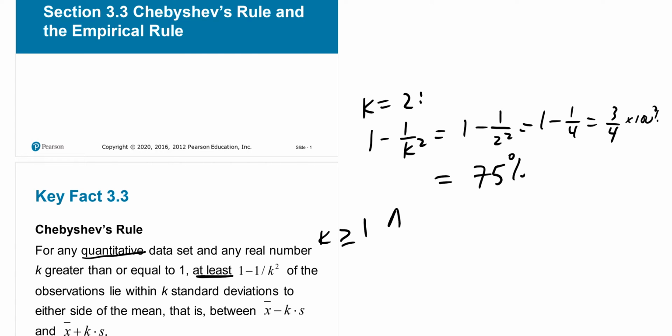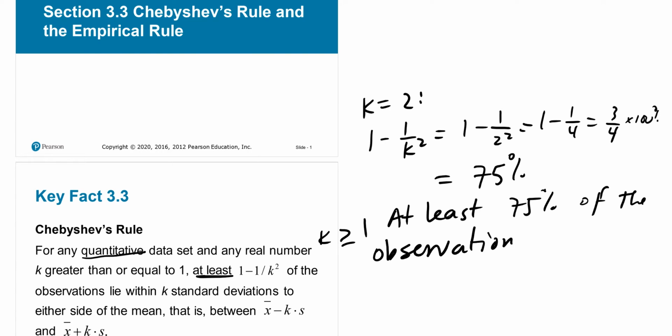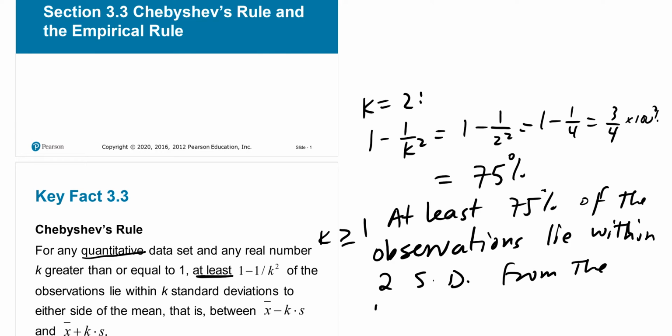So this means at least 75% of the observations in any data set will lie within two standard deviations from the mean. So this means it would be between x bar minus 2 standard deviations and x bar plus 2 standard deviations.